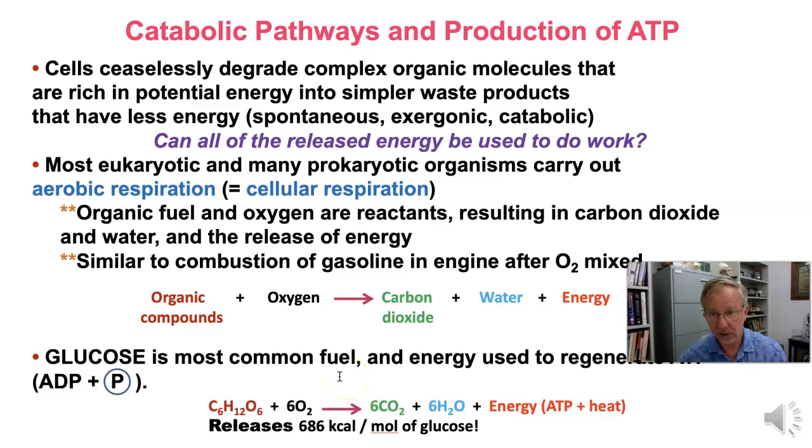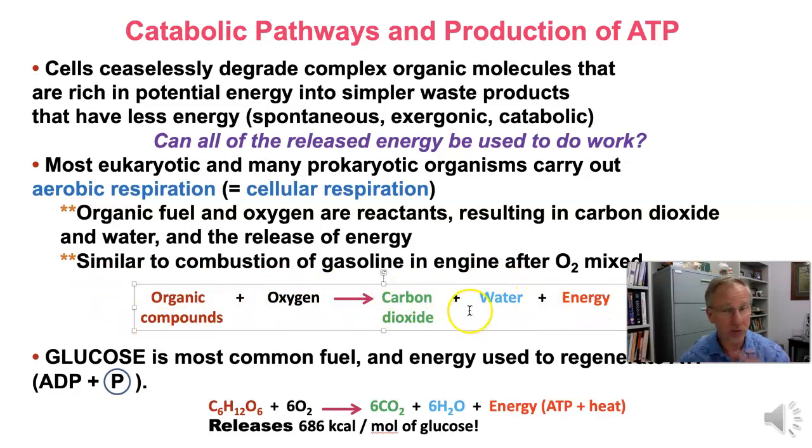And the resulting products of this chemical reaction are carbon dioxide and water, and energy is released. So there's a picture of the chemical reaction down there near the bottom of the slide. Organic compounds plus oxygen, they react, carbon dioxide, water, energy is released.